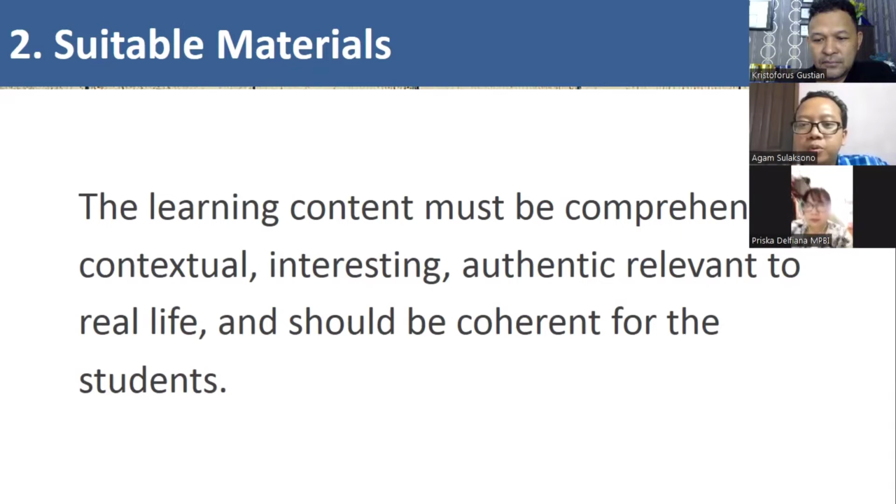This aims to assist teachers in order to create suitable learning and so forth. All right, the third one will be explained by Miss Priska.